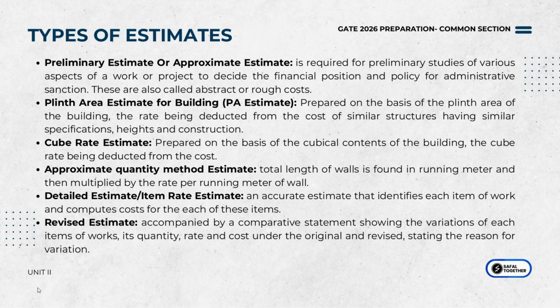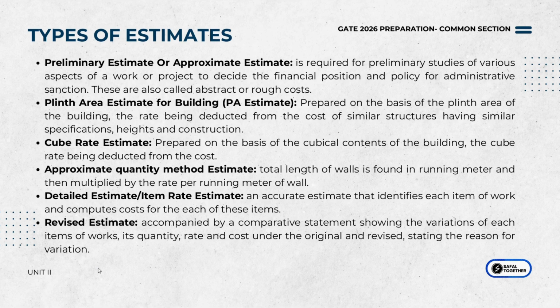The fifth method is detailed estimate or item rate estimate. In this, it's one of the most accurate forms of estimate, where you're actually breaking it down into the individual work items and you calculate specific quantities, you calculate the cost for each, okay, and then you list all of them down, and you'll actually be using project drawing specifications and say market rates, etc. So you're basically looking for updated item rates in the market, and then you'll be calculating this.